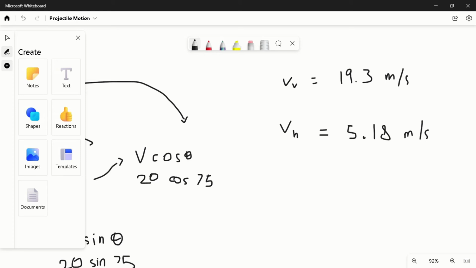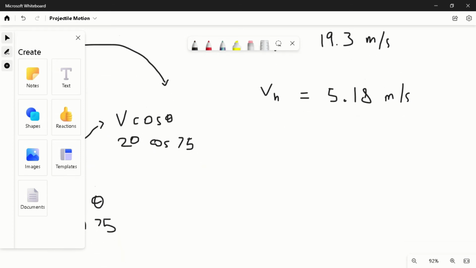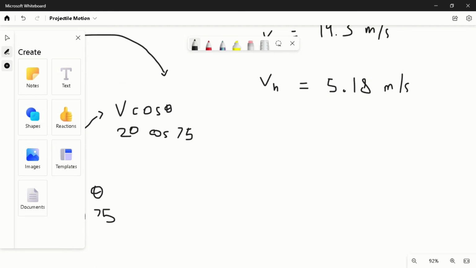And so the equation we can use is this. Basically, our final displacement, which we'll call SF, will equal our initial displacement, SI, plus our velocity times time.